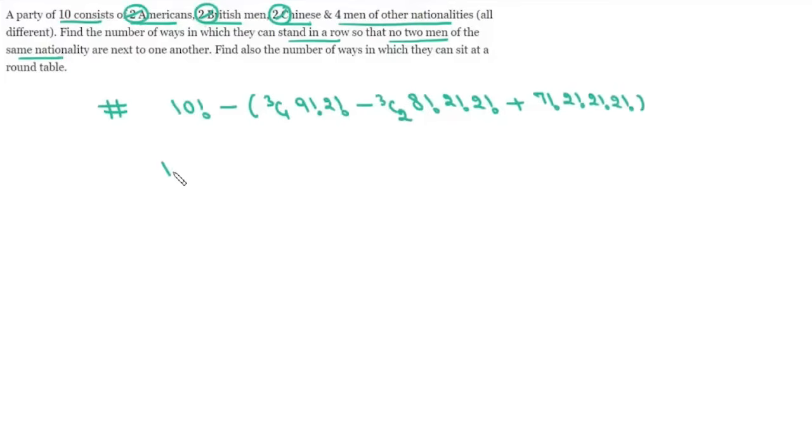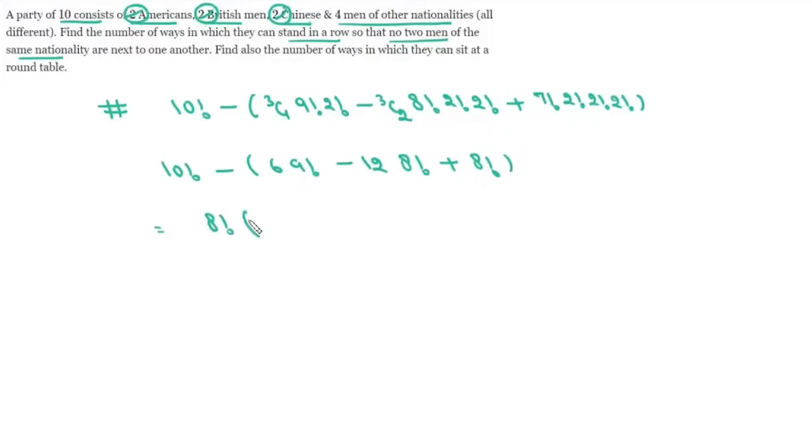So it will be this factorial 10 minus, now this is 3 into 2, 6, into factorial 9, minus this is 3 into 4, 12, into factorial 8, plus 8 into factorial 7, which is factorial 8. Now what we'll do is we'll take factorial 8 common.